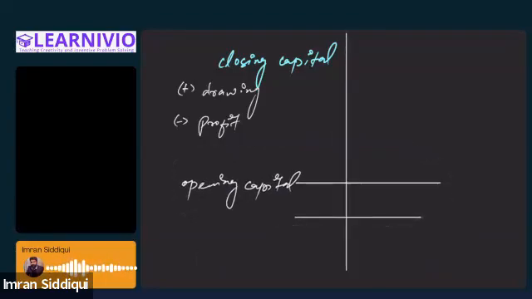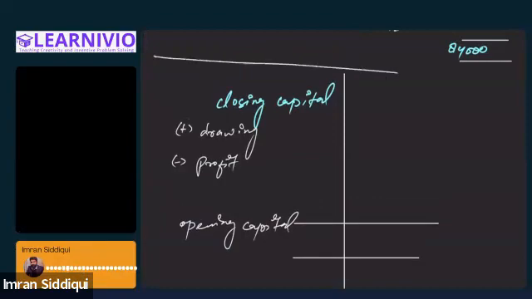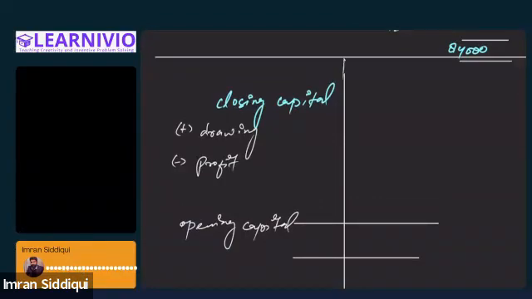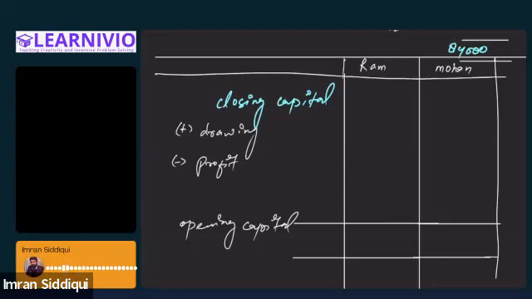Now, in this question, how many partners do we have? We have two partners, Ram and Mohan. We have to first of all figure out their opening capital on which we will be calculating interest. So first of all, tell me their closing capital balances.